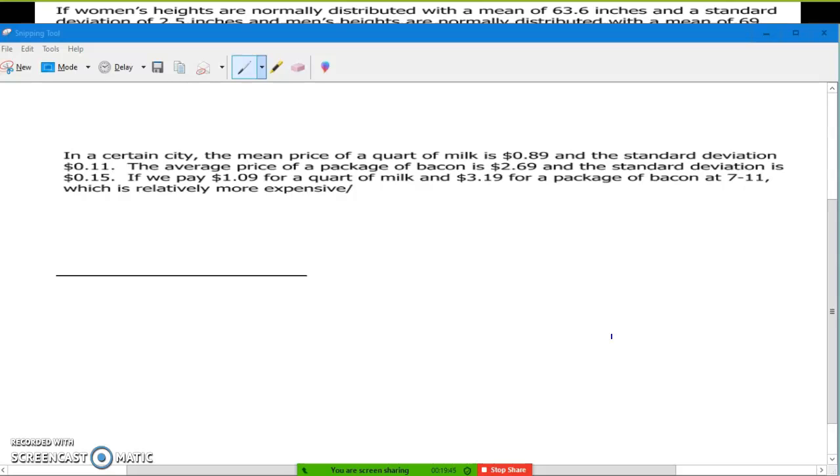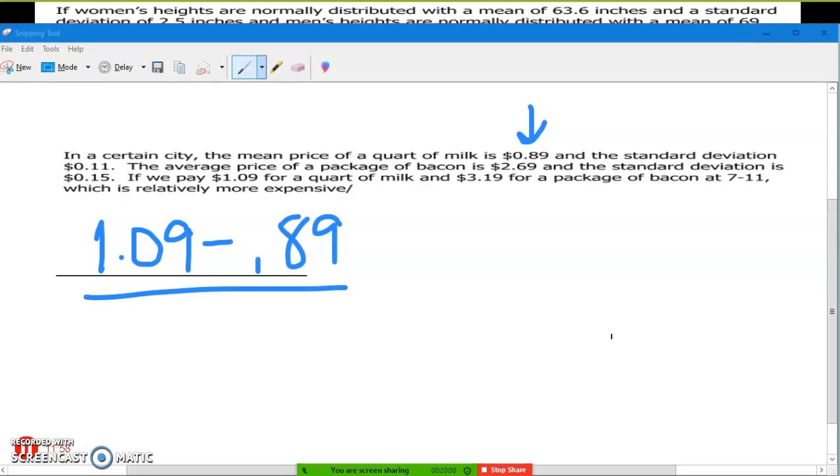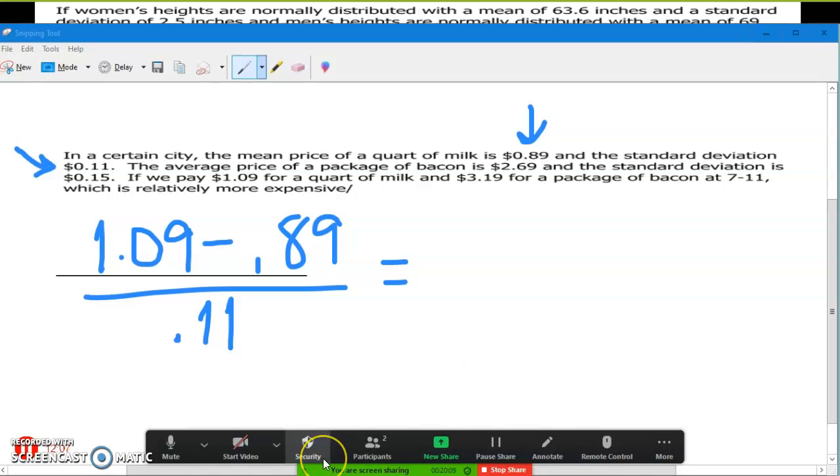Okay. Let's find the z-scores for our bacon and our milk. So we paid $1.09 for milk, and the mean price for milk is 89 cents. Standard deviation for milk is 11 cents. So we're looking at $1.09 minus 89 cents divided by 11 cents.